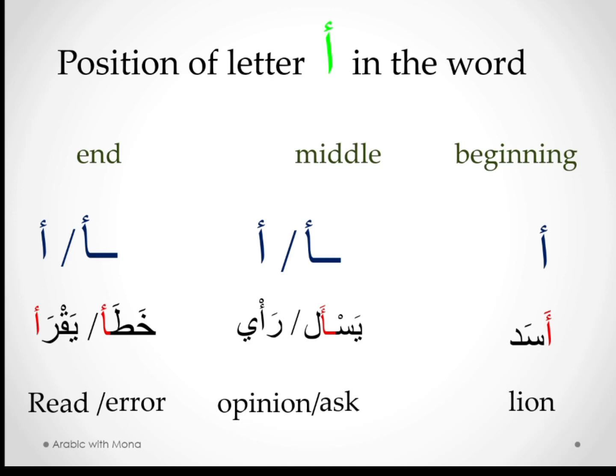In the middle of the word, Alif letter can come in its connected form if a normal letter comes before it, and can come in separate form if a naughty letter like Ra letter comes before it. At the end of the word, Alif letter can come in its connected form if a normal letter comes before it, and can come in its separate form if a naughty letter like Ra letter in the word يقرأ comes before it.